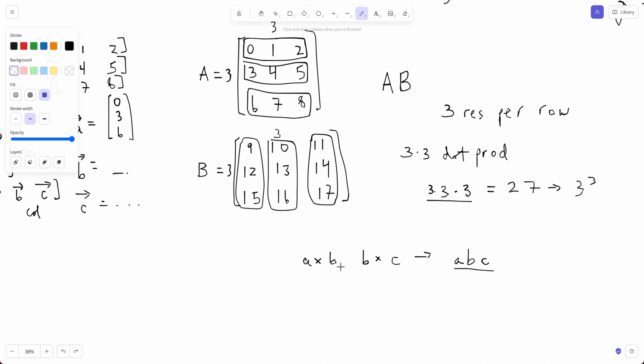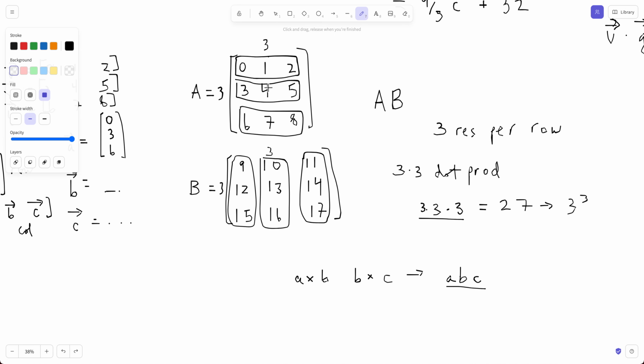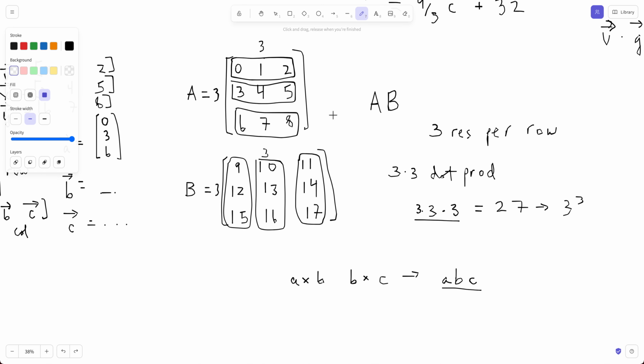I have an A by B, and I'm matrix multiplying it by B by C. Could this B be anything else? Could it be a different value? Does the number of rows in the right matrix have to be the number of columns in the left matrix? Yes. And it's very easy to show.